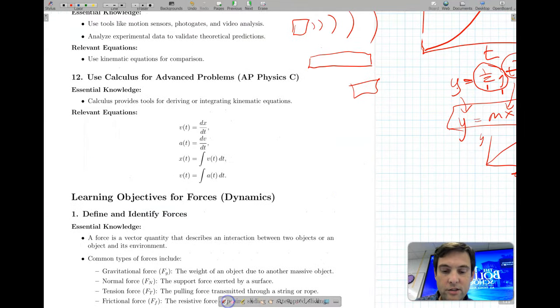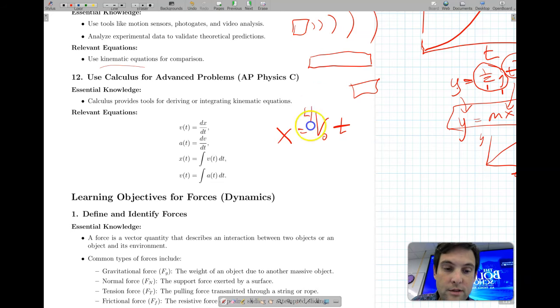Use kinematic equations for comparison. If we'll do y equals 1/2 gt squared, we'll do the other one, x equals v naught times t. If we increased the initial velocity for an object by 4 times, how much farther would it go?